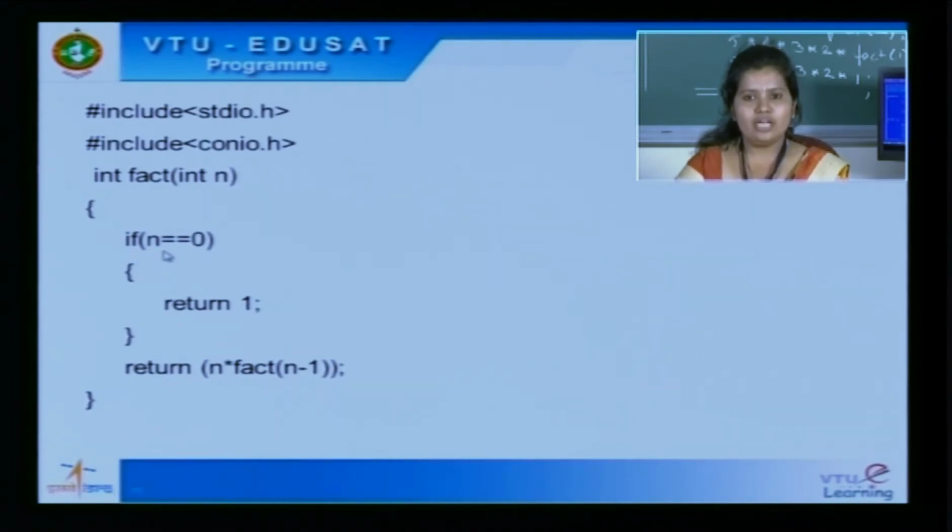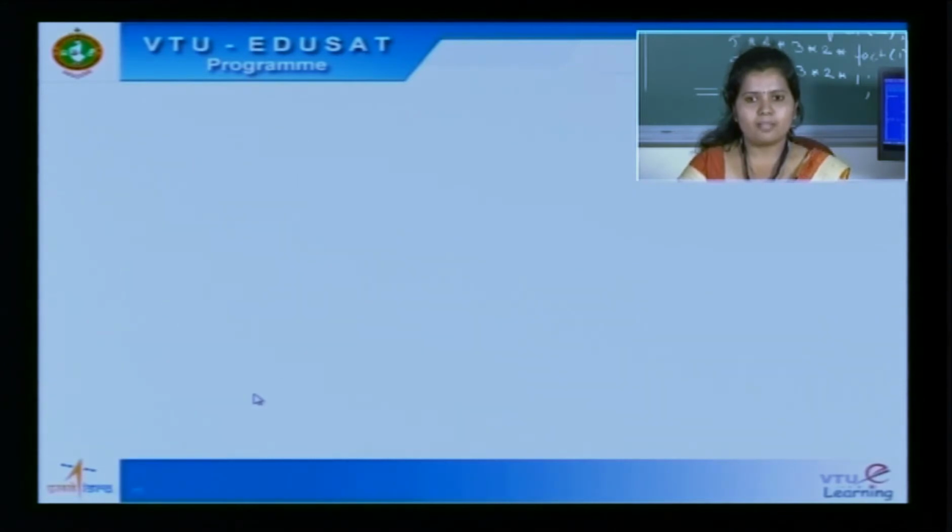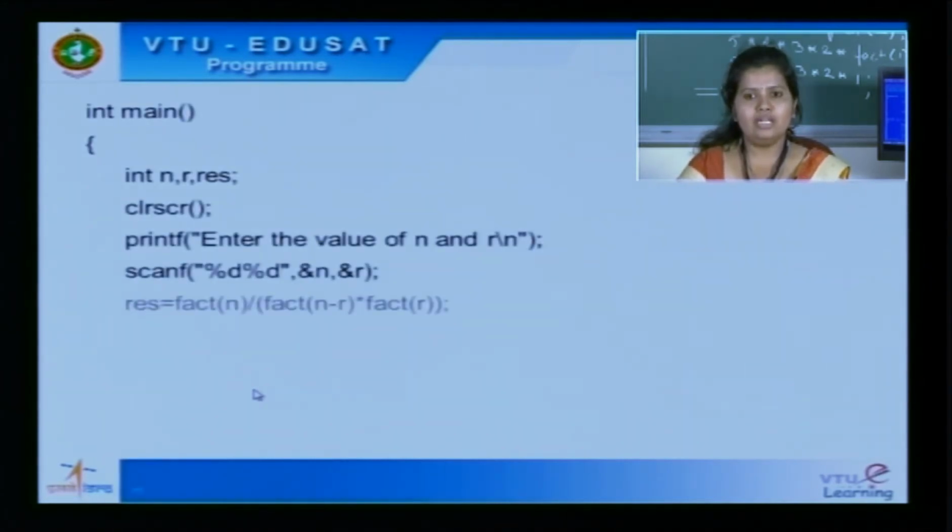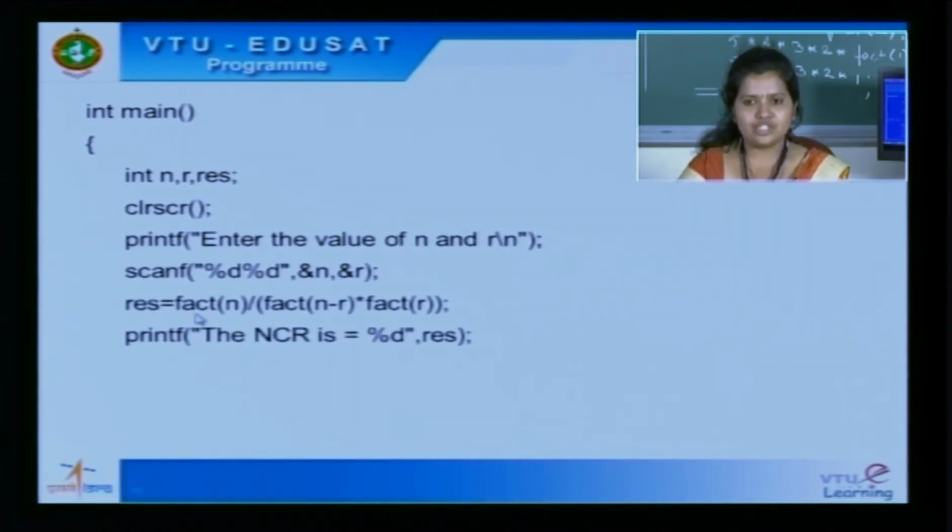If the value of n is equal to 0, then return 1. If the value of n is greater than 0, we need to compute the factorial of the variable n value. So after computing the factorial, that value will be passed to the main function.